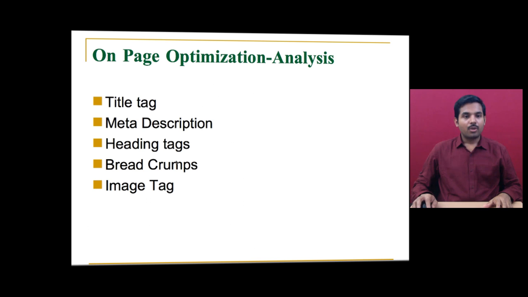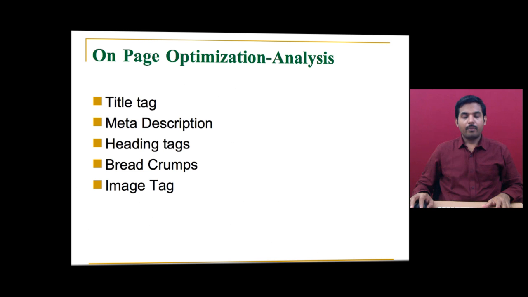And also make sure you have heading tags, H1 or style tags, with your keyword. And for breadcrumbs, you need to have a proper folder structure so that you can have breadcrumbs, and also your URL will have keywords. And for your image tag, make sure to provide alt text.